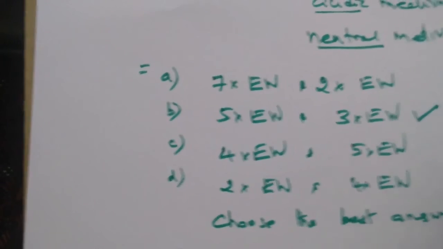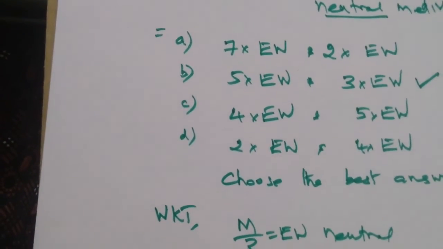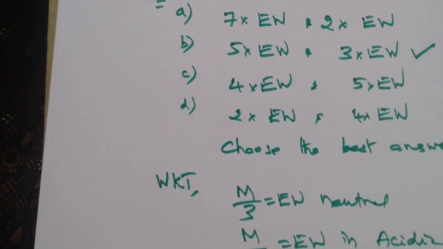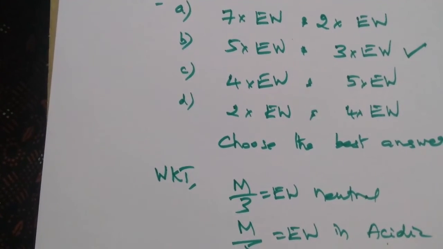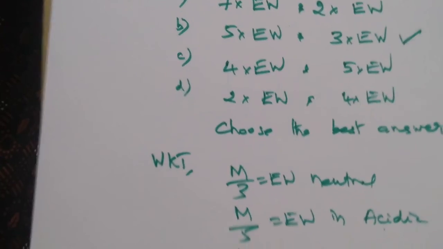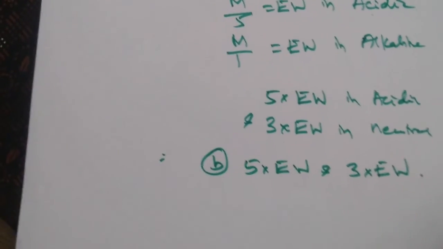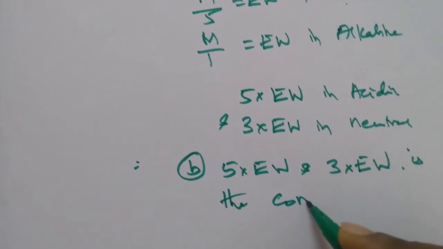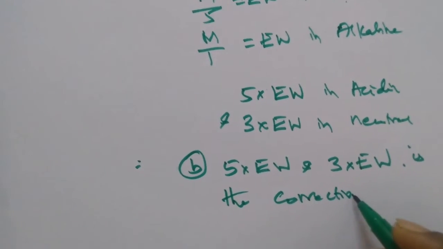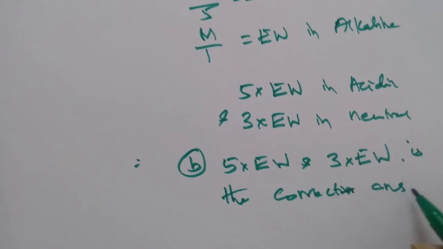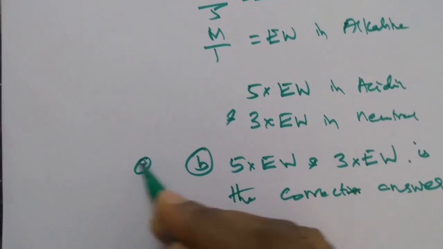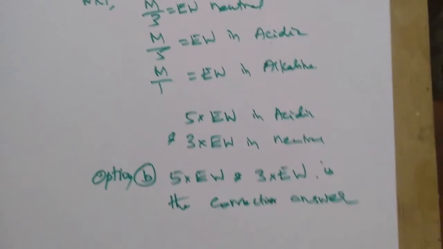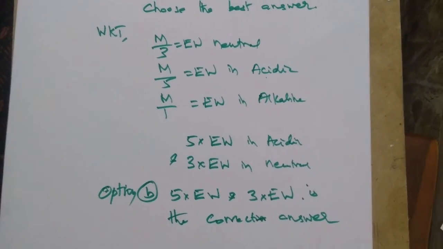Which option is having that? Option B, 5 times EW and 3 times EW. So option B is the correct answer. That means option B is our correct answer. Computer G, please lock option B.